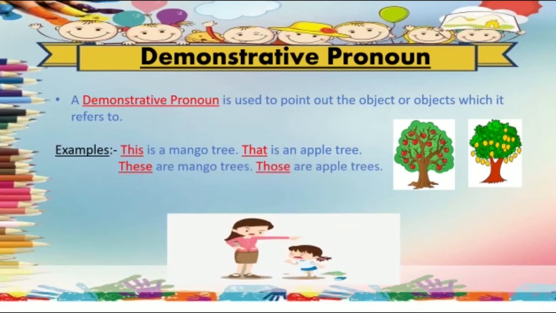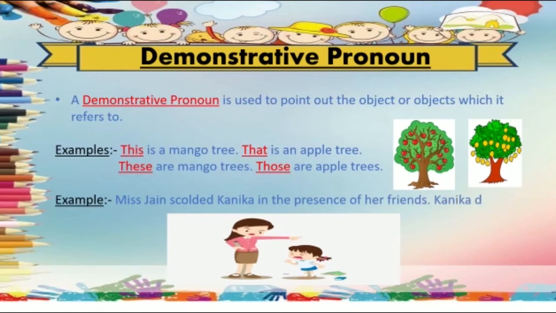These are mango trees. Those are apple trees. Another example, Miss Jane scolded Kanika in the presence of her friends. Kanika did not like that. Now, the words this, that, these, those are demonstrative pronouns.